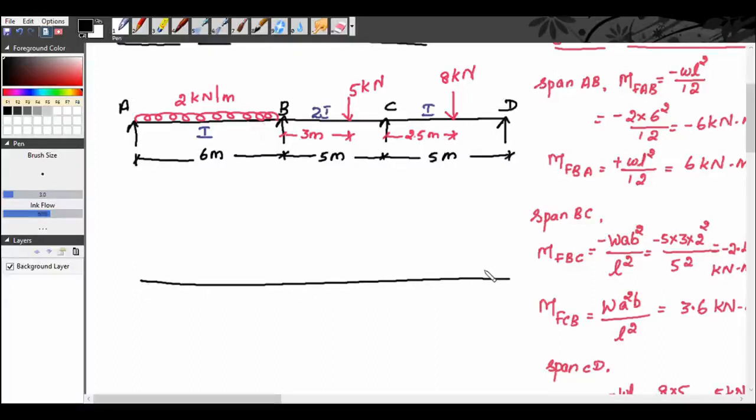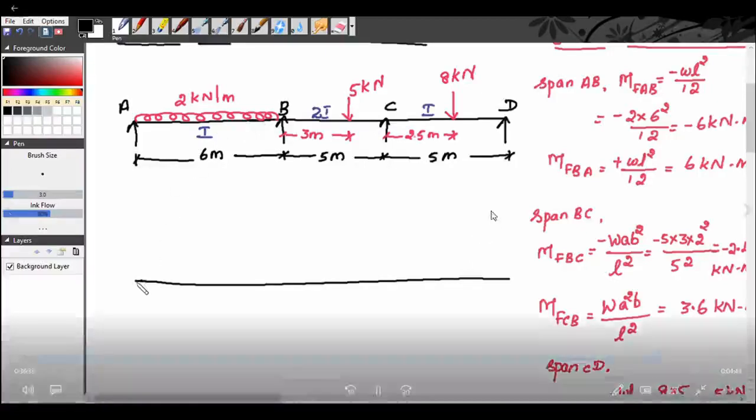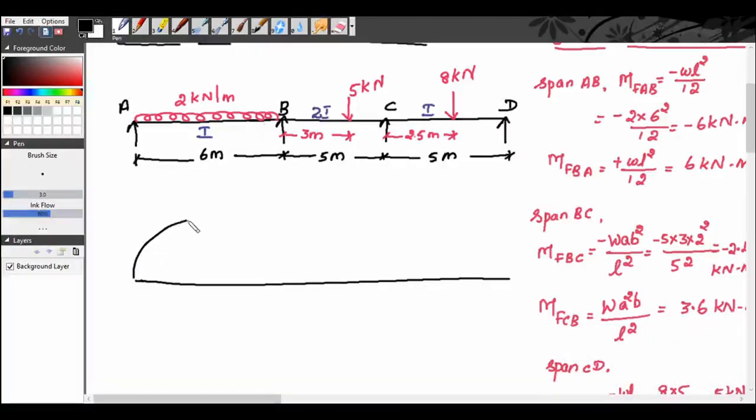We will draw the continuous beam ABCD. First of all, we will draw the simple beam moment diagram. For AB, it is a parabola and the magnitude at the center is 9 kilonewton meter.